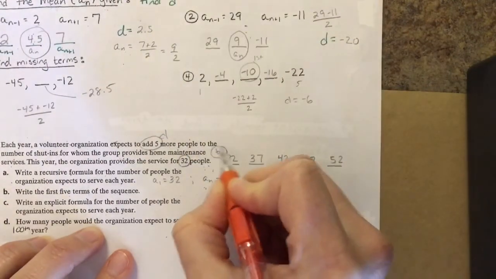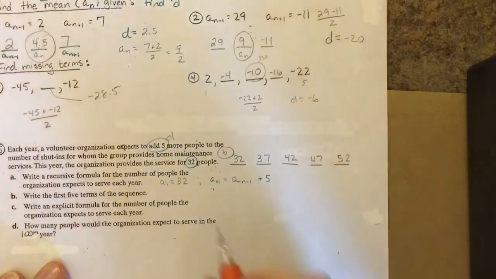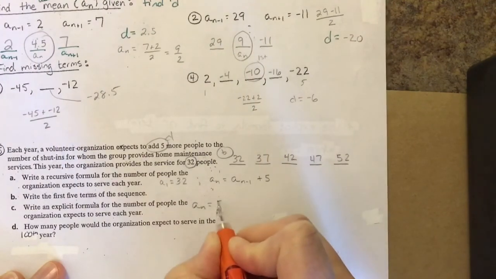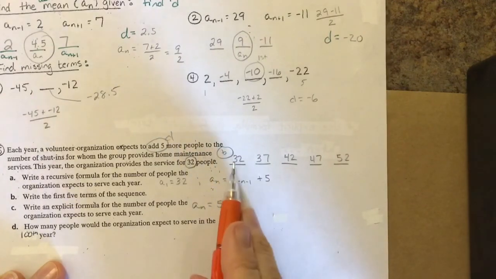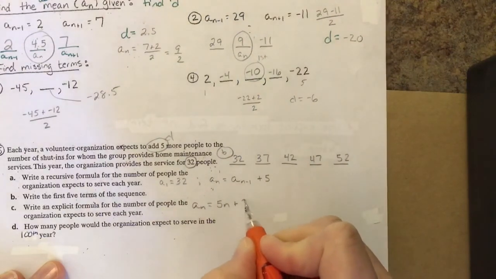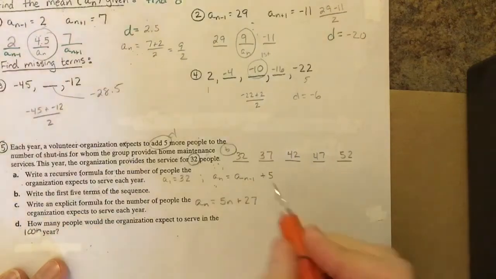Part B. Now how about the explicit formula? A sub n equals 5n. Now 5 times 1 is 5. What do I need to add to get up to 32? 27. There we go.